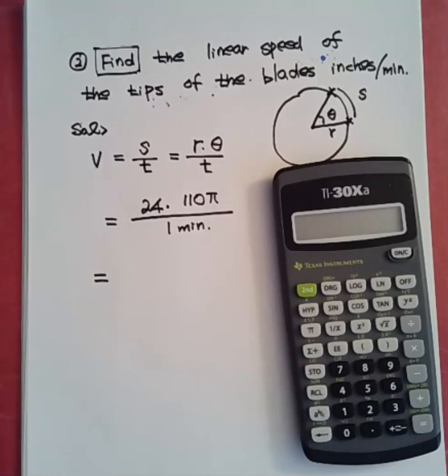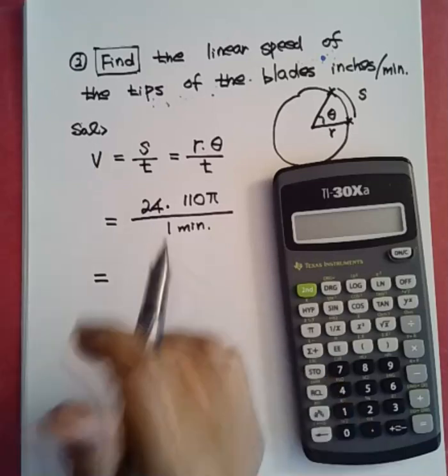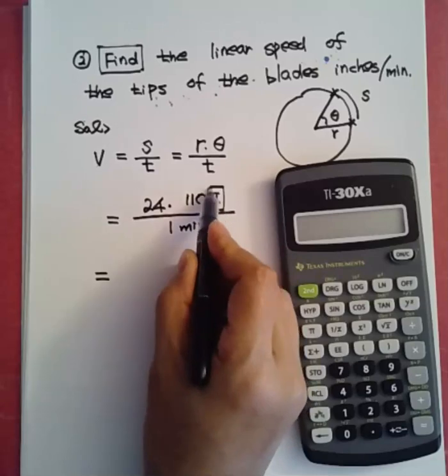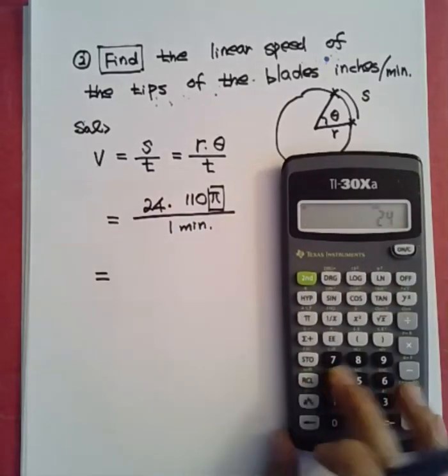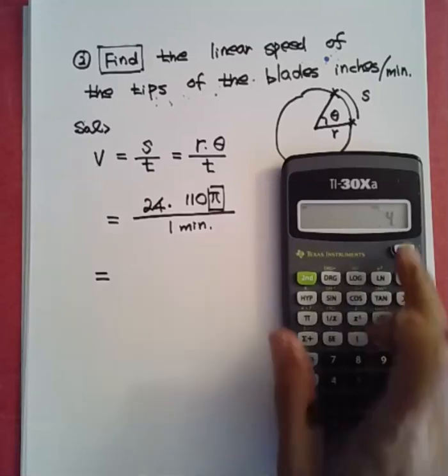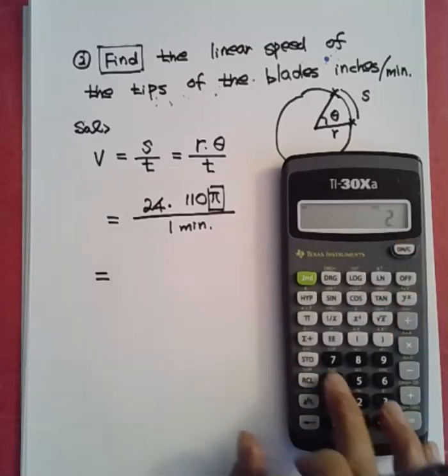That means they want the exact answer. So we don't put pi in the calculator. Instead, we just calculate 24 times 110.